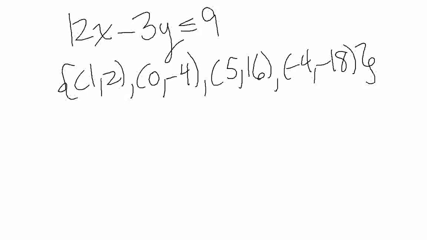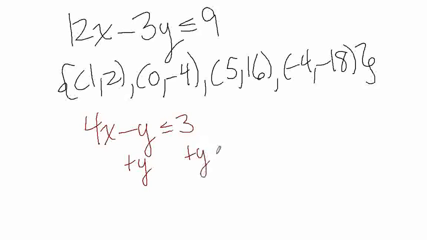Allow me to show you a slightly easier way. Let me first simplify the original linear inequality and move some terms around. Let me divide everything by 3. That'll give 4x minus y is less than or equal to 3. Now let me move the y to the other side by adding y to both sides, and subtract 3 from both sides to move the 3 to the other side.